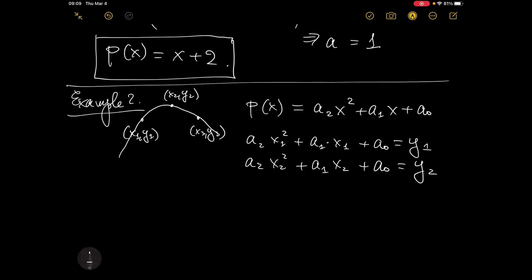And let me substitute the third point: a2 x3 squared plus a1 x3 plus a0 equals y3.